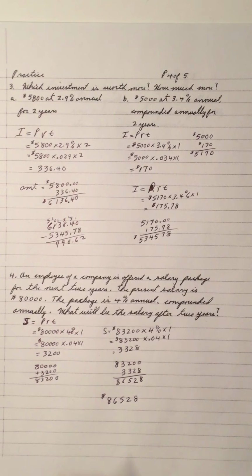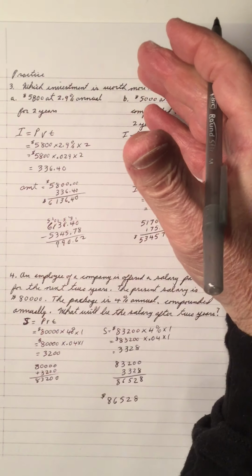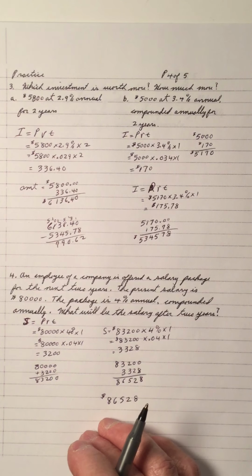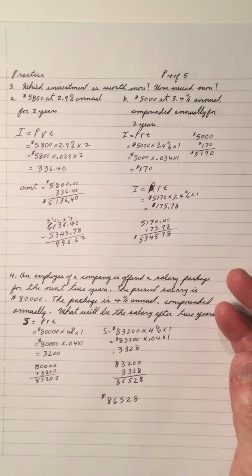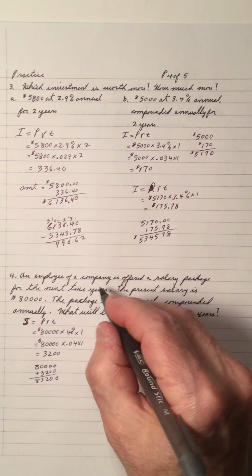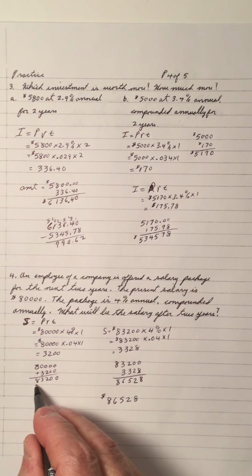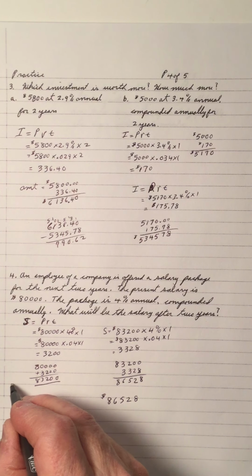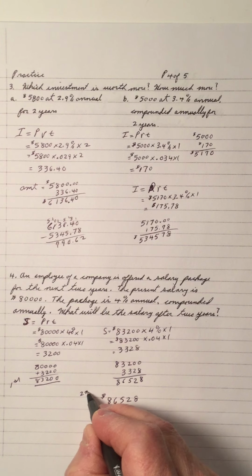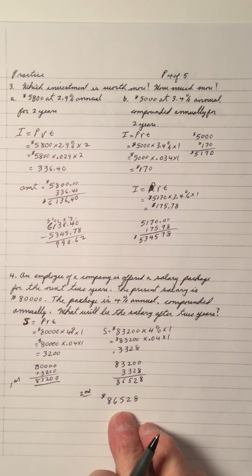It's the same idea as the interest, but it's added on right at the beginning of the year because your company is giving you that money to help you divide it up through 12 months of the year to help you live. So notice, this is the salary starting off in the first year. This is the salary that you started off in the second year.